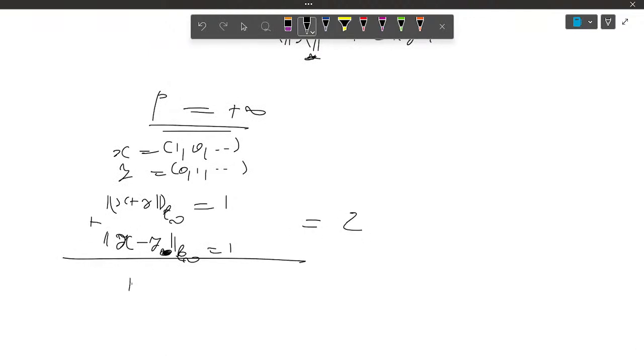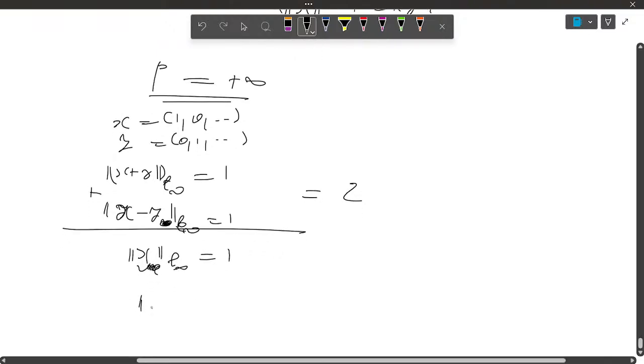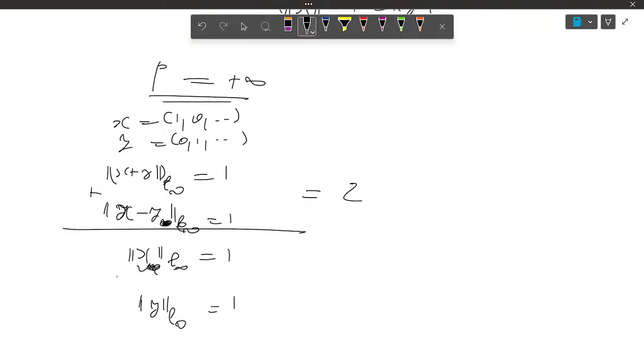But the norm of x in the infinity norm is going to be 1, and the norm of y in the infinity norm is going to be 1. If you add them and multiply by 2, you get 2 here, and 2 there.